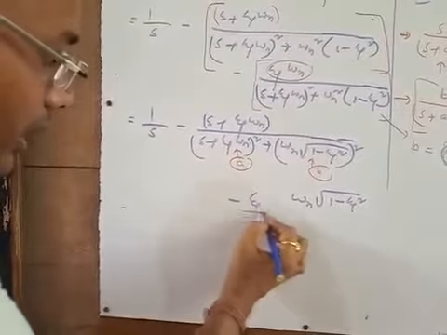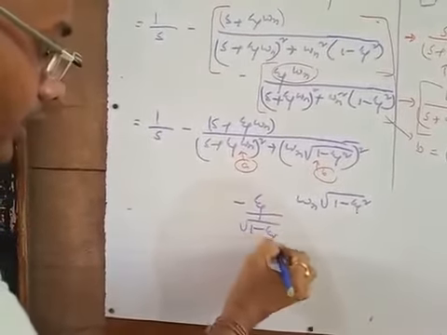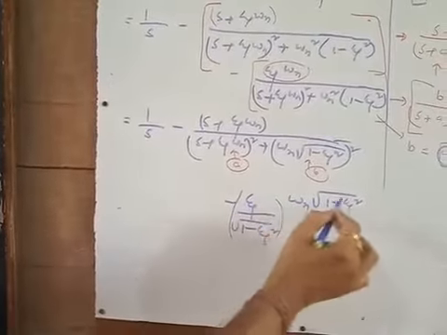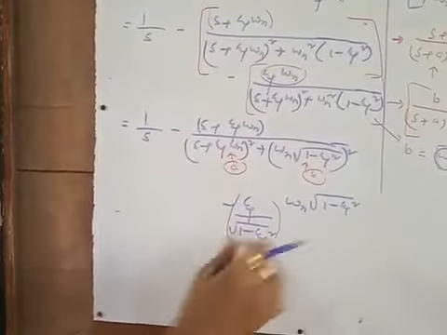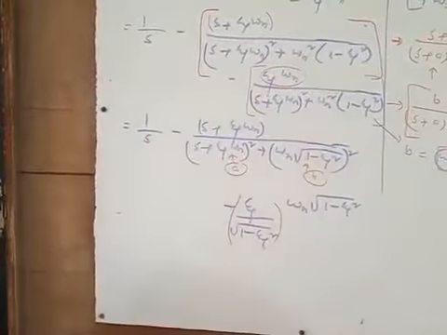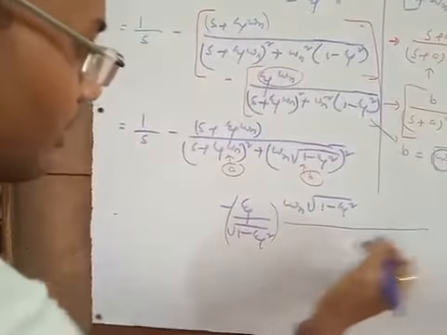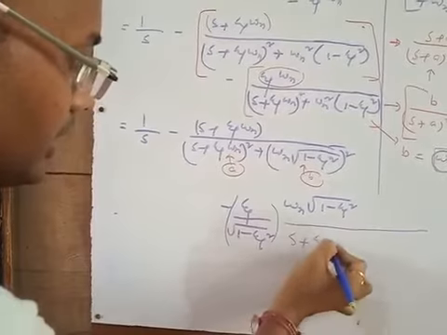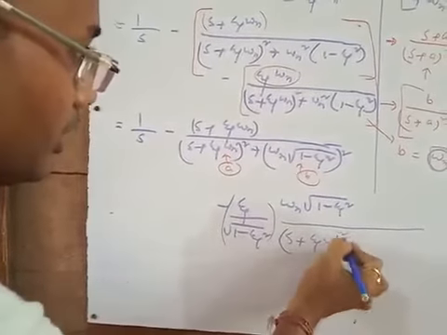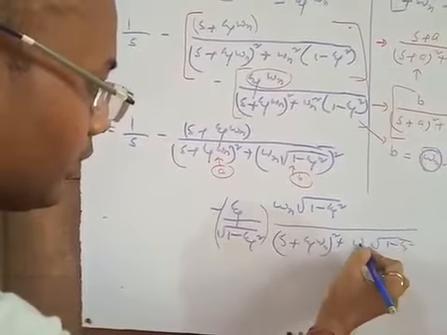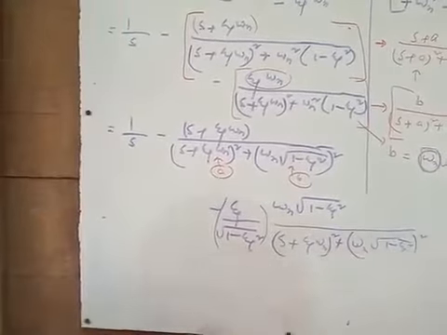So what you are getting? Xi into omega n will be cancelled out, so in the numerator you will be having xi into omega n. This can be written like this, and the rest of the thing is similar. That means s plus xi omega n whole square plus omega n root over 1 minus xi square whole square, right?